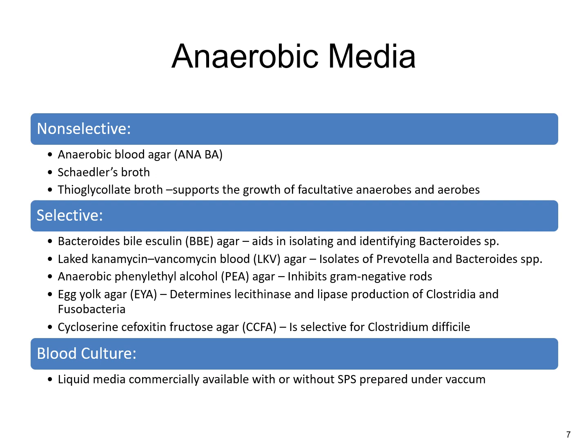And some of your other agars that might be used would be to isolate specific organisms, or to enhance their growth, or to inhibit other potential organisms that could overgrow that culture plate or overgrow those anaerobes. Your CCFA agar is used for Clostridium difficile, and so it would be selective for that organism, and you would be looking for that yellow colony appearance of that organism.